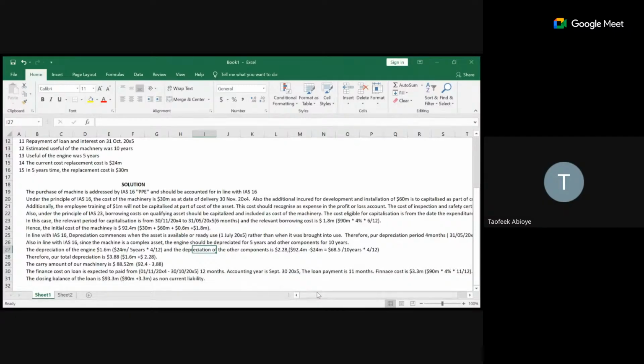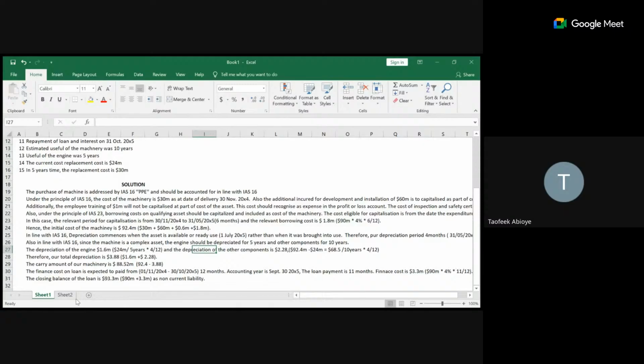I think we are fine now. We have shown our loan. We have shown everything. We have shown our finance costs. We have shown our loan balance. We have shown our PPE, the carrying amount. We have calculated our total depreciation. We have calculated everything.